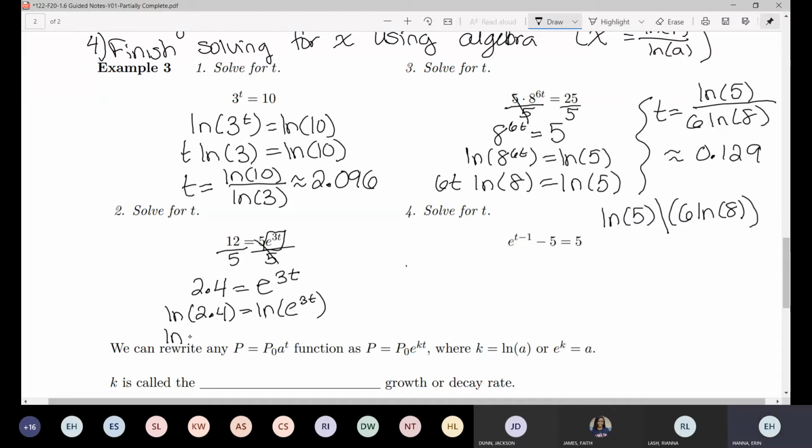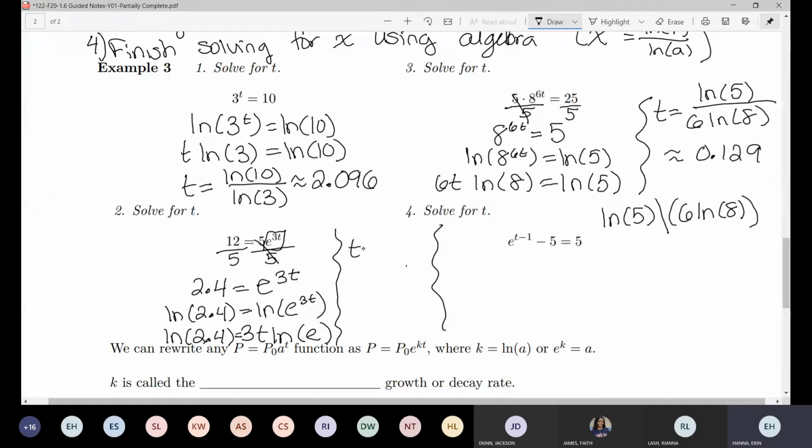Bring the power out. So bring the 3t out. Now we have a little bit of a choice here. The natural log of e is 1. So if you just want to reduce that to 1 and then just divide by the 3, that would be correct.